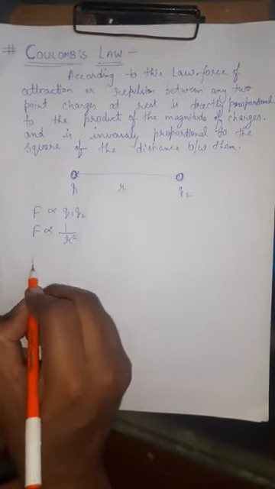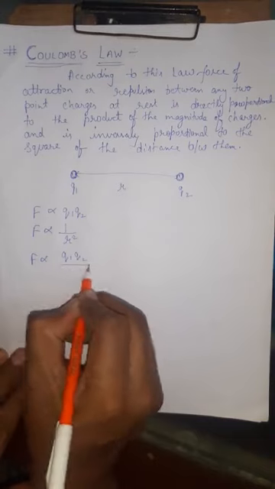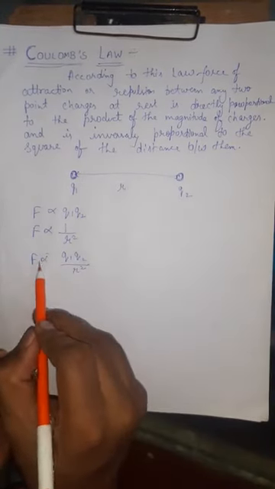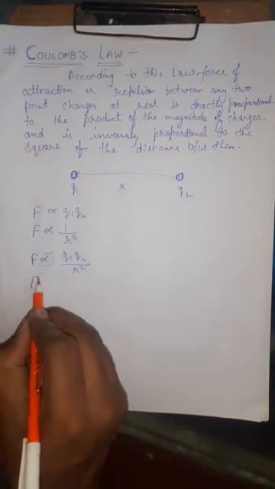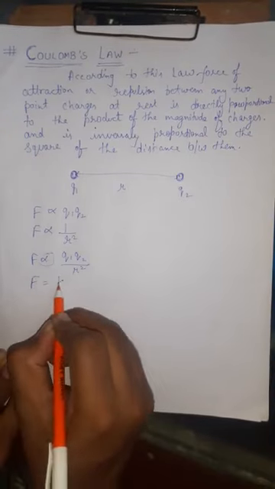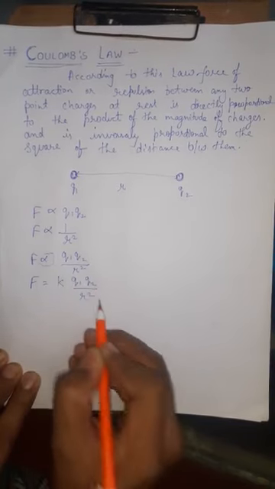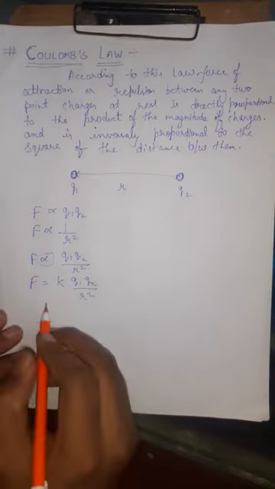Combining these two, force is directly proportional to q1 q2 over r square. To remove the proportionality sign, we introduce a constant: F is equal to k q1 q2 over r square. So this k is known as the electrostatic force constant.